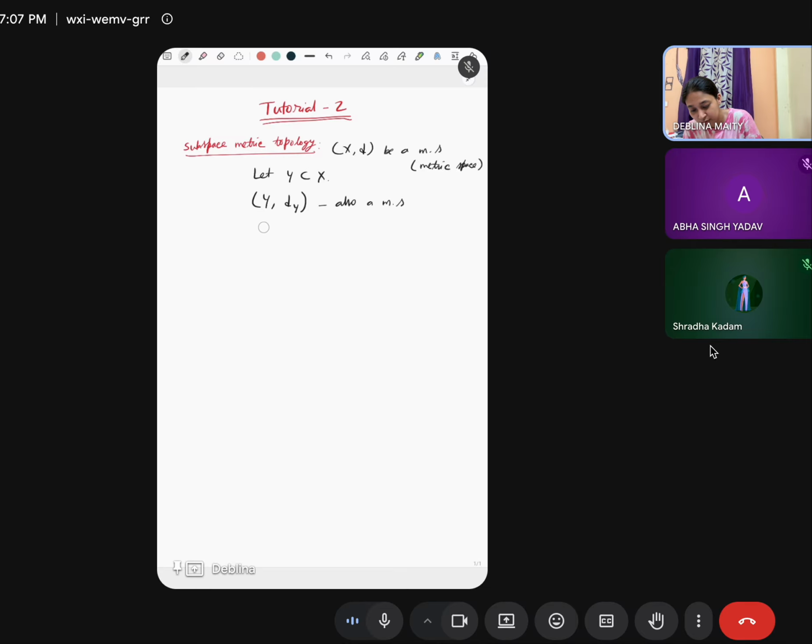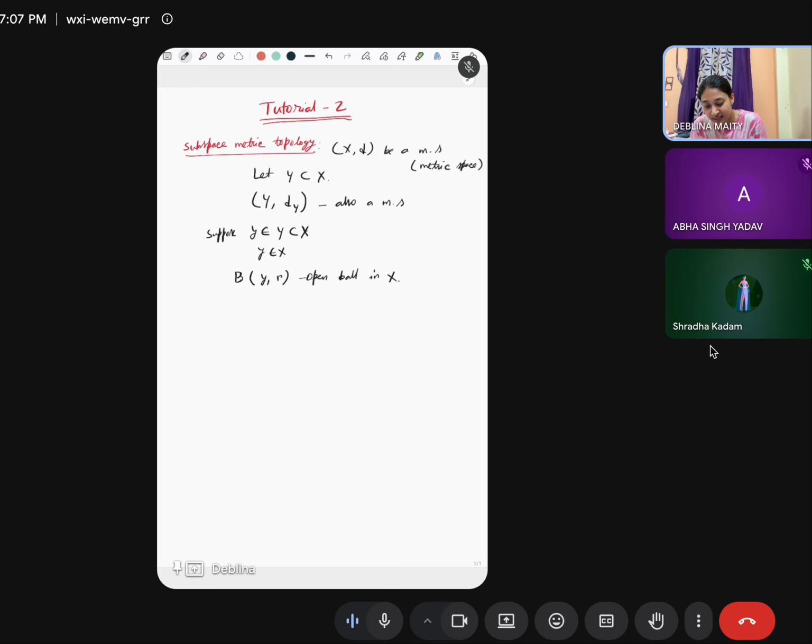Suppose y belongs to Y. Since Y is a subset of X, y also belongs to X, so B(y, r) is an open ball in X. Now how does the open ball centered at y with respect to this metric look?